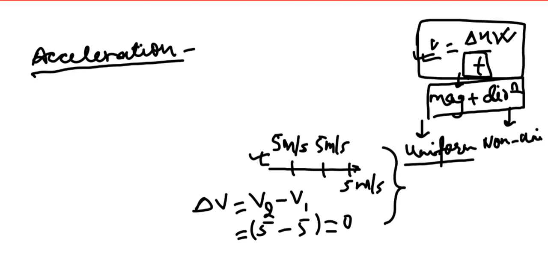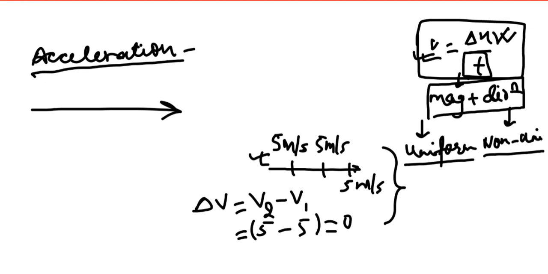But students, when we talk about non-uniform velocity, let us consider the object is traveling in a straight line. We are considering the straight line only because to understand acceleration, we have to understand the velocity term very nicely, because we will be connecting the terms velocity and acceleration together.